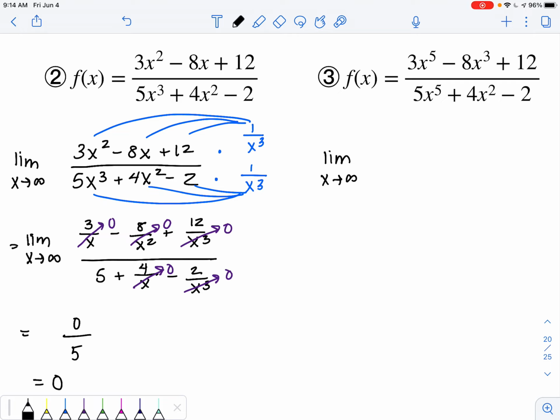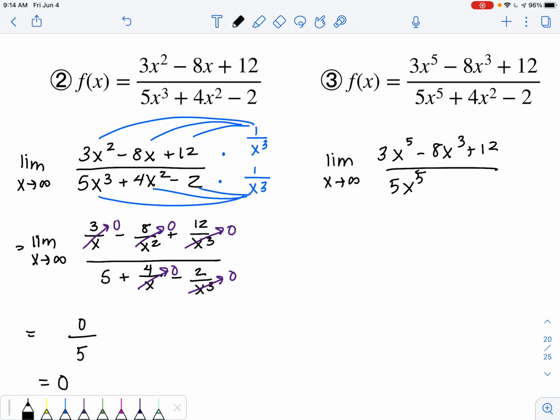Again, we're going to show the proper way to do it, but you guys know what the answer is already because you have taken Algebra 2 and you have studied horizontal asymptotes before. So we have 3x to the 5th minus 8x cubed plus 12 over that same function in the bottom, almost, except we're changing that to a 5th power.